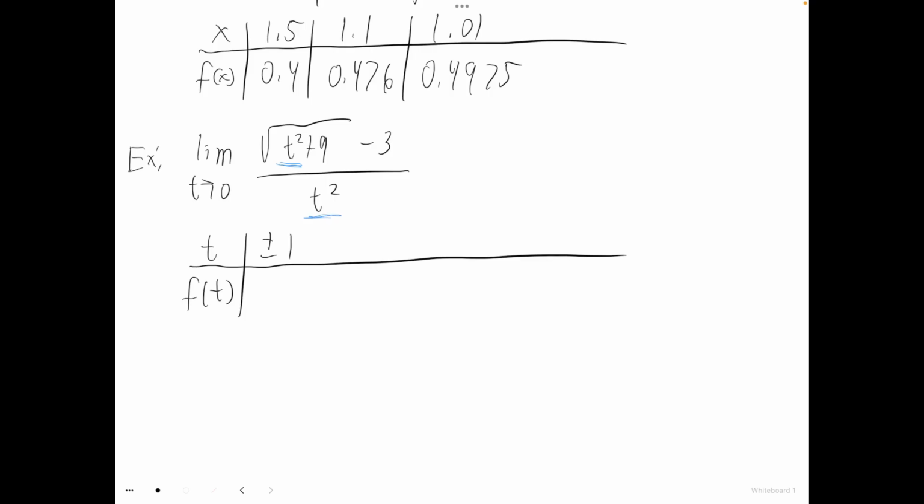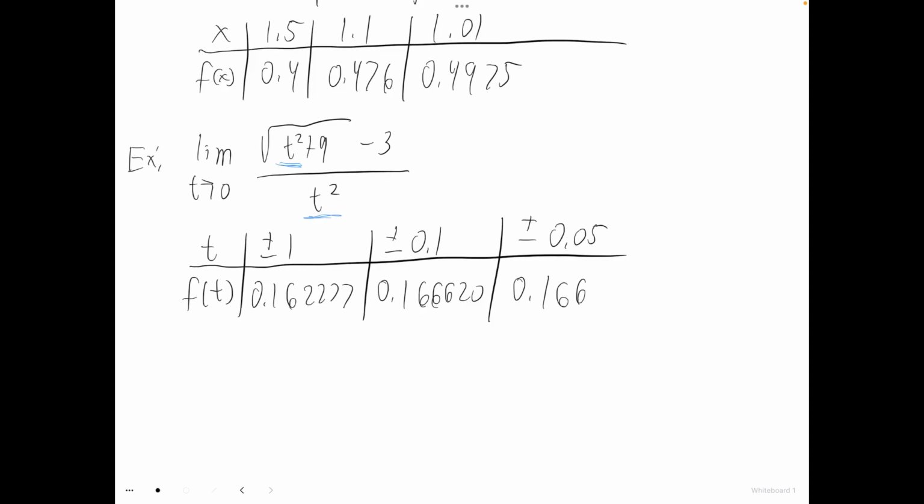So if we plug in plus or minus 1, we get 0.162277. If we plug in 0.1, we get 0.1666620. If we plug in plus or minus 0.05, we get out 0.166655.